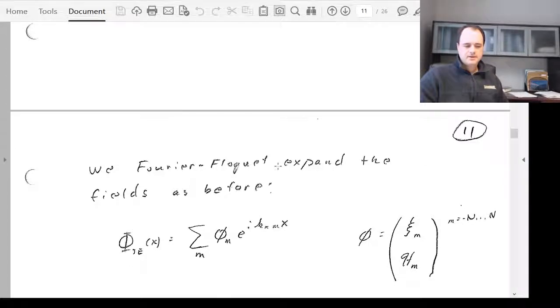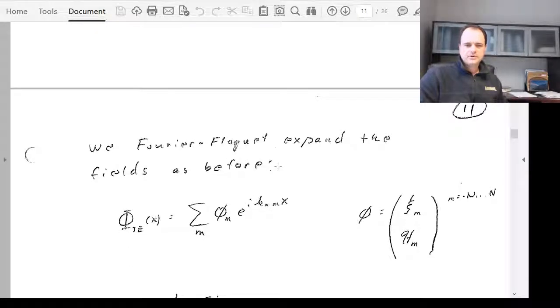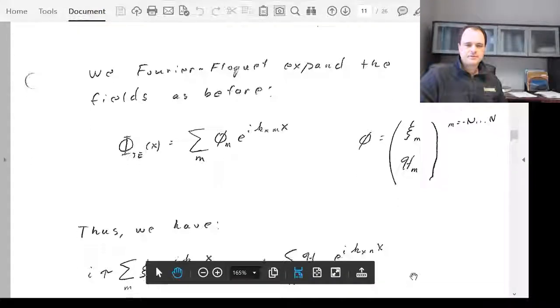All right? Just like we did before, we do a Fourier-Floquet expansion of the fields, and this will be a big column matrix. And we stack those coefficients, electric fields above magnetic fields.